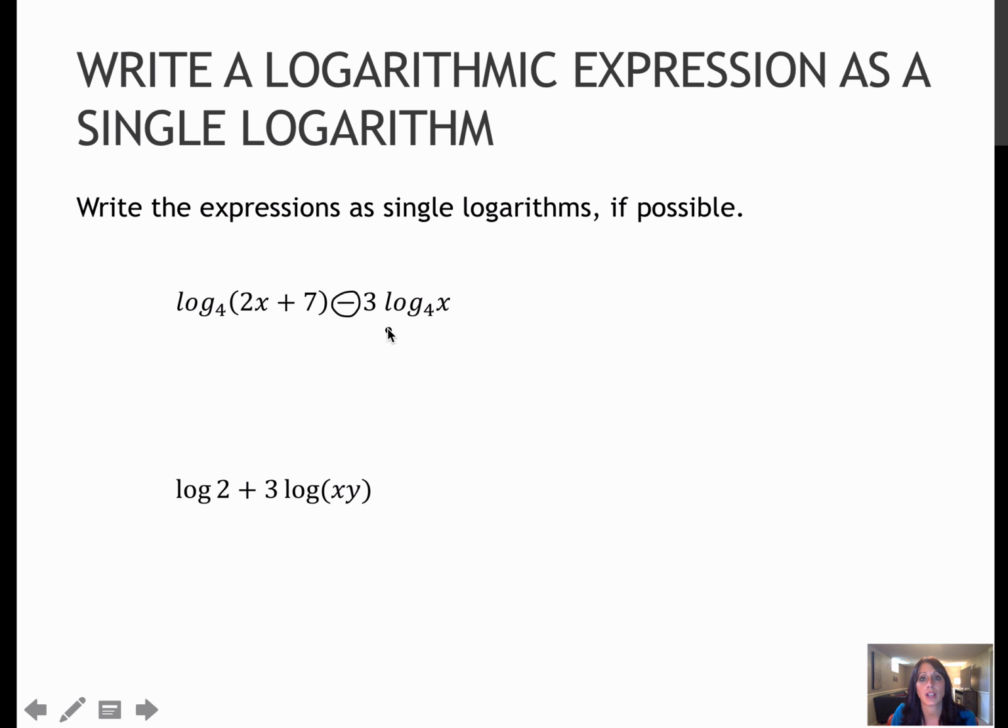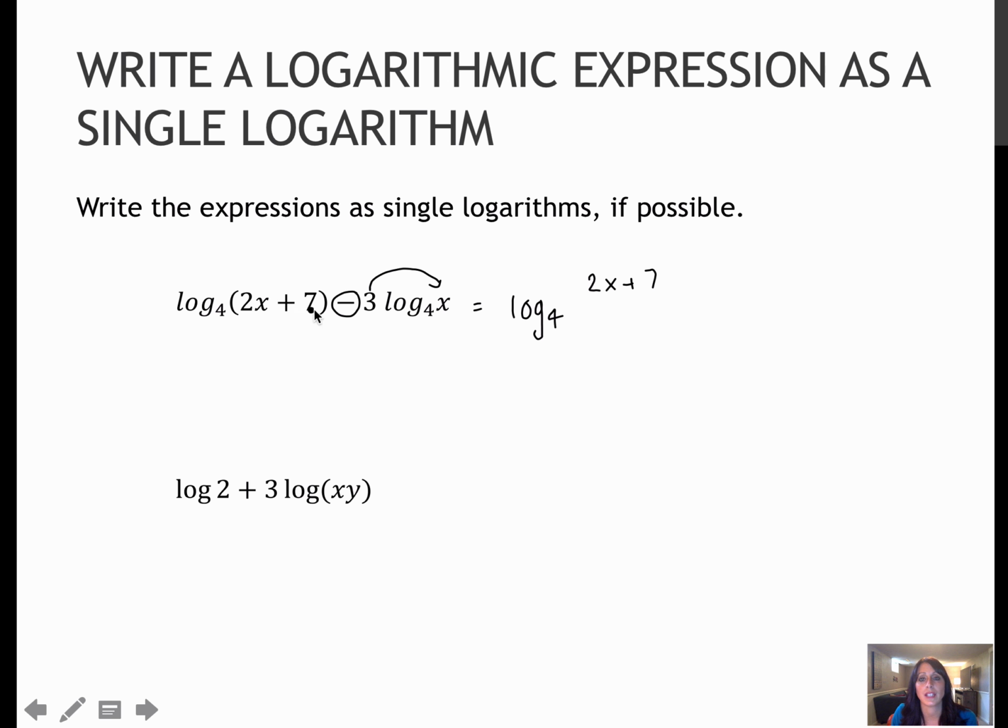Notice this is subtraction, so I know that that's going to end up being a quotient. The first thing I want to do, though, is get rid of this 3. I want to move that to become an exponent. I'm actually going to do this all in one step, and I'll try to talk through it as slowly as possible. It's going to be log base 4, because both are log base 4. The numerator is going to be 2x plus 7.